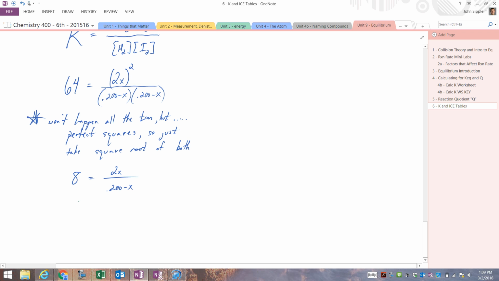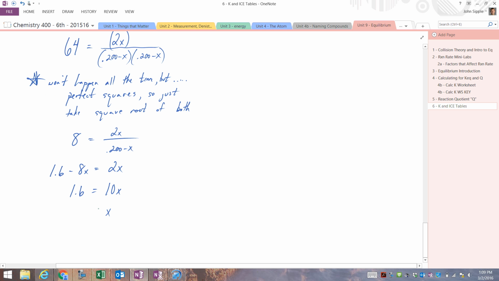Multiply each side by the denominator, so we get 1.6 minus 8x is equal to 2x. Move that over, we get 10x equal to 1.6, and x is equal to 0.160.